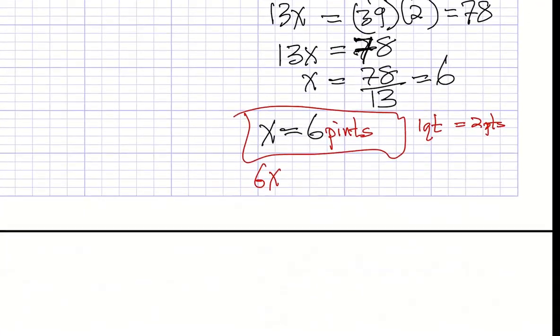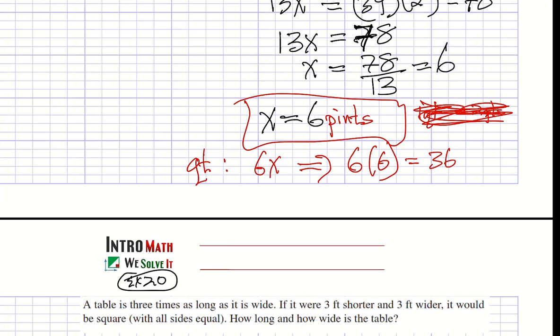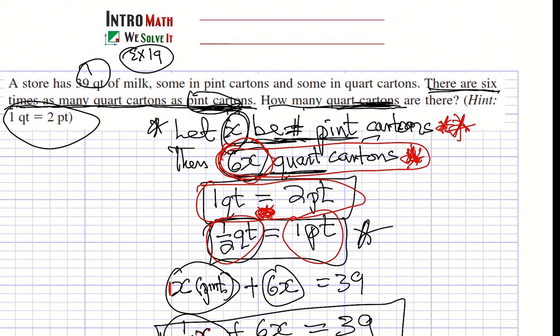So you multiply 6 times 6, which is 36 quart cartons. That's what we get there. I forgot what we did, it's too many conversions. So we got that, and then we got that.